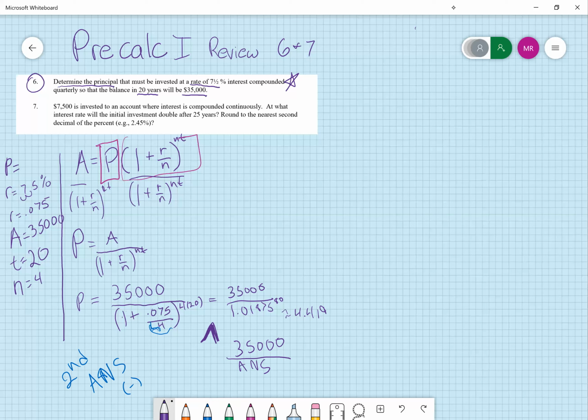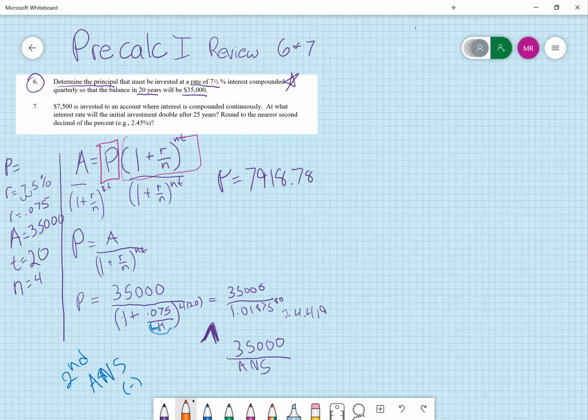When I put that in, I get that the principal that needs to be invested at that rate is $7,918.78. So with this, we looked at the problem, pulled out the important information, asked ourselves which formula we needed to use, and went from there. And that's how we got our answer.